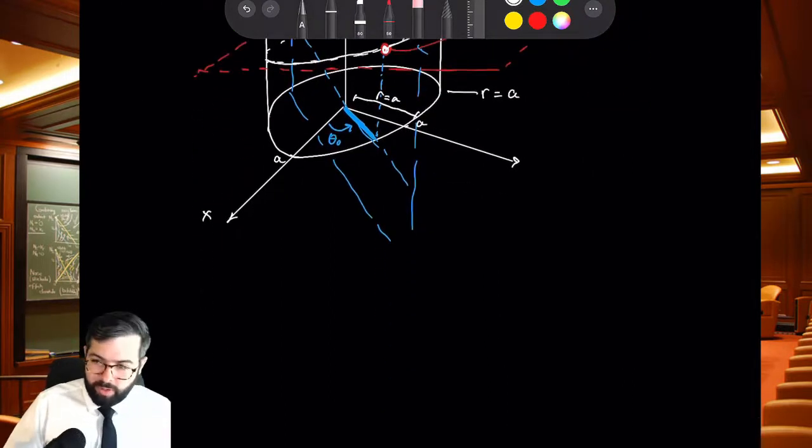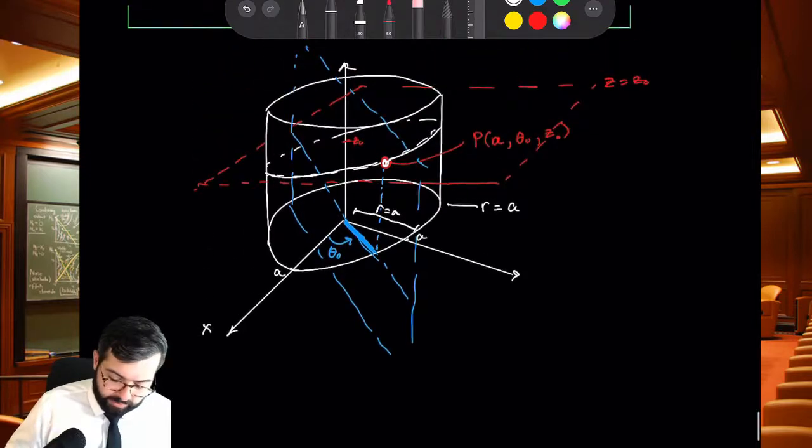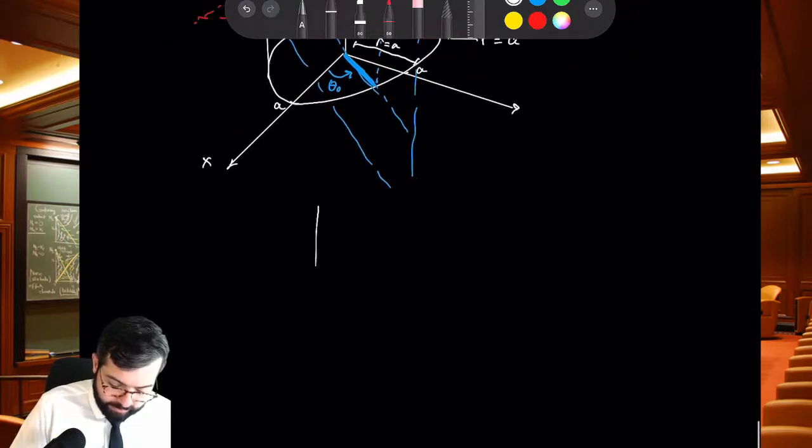Another simpler way to draw this, because it's kind of busy with all the dotted lines and stuff, is like this.